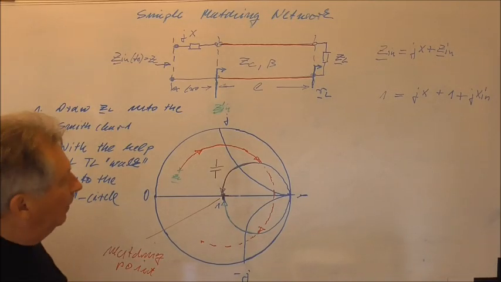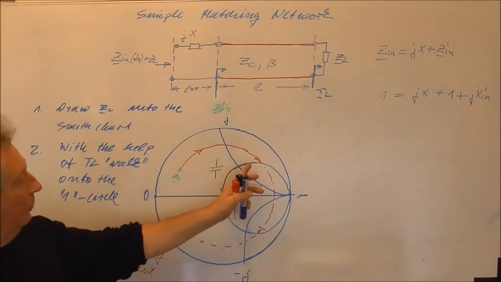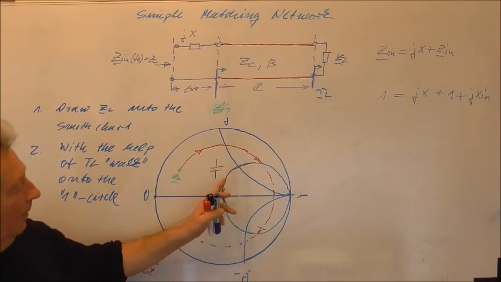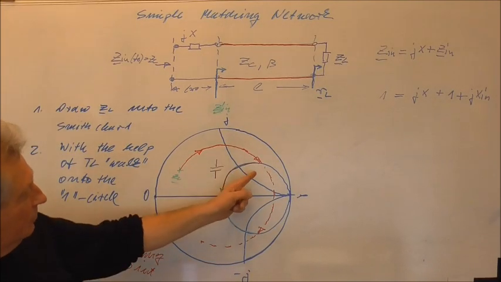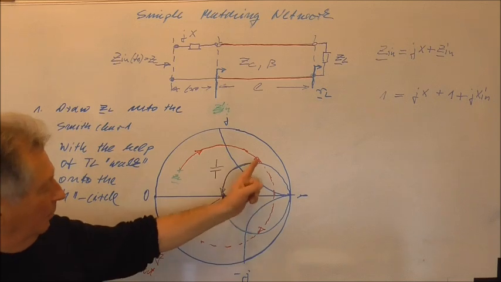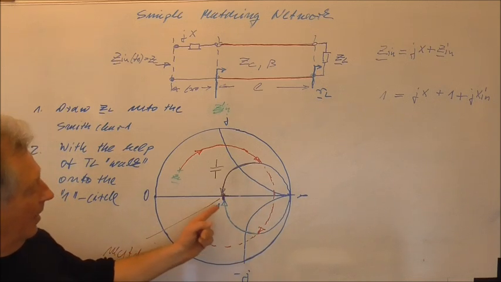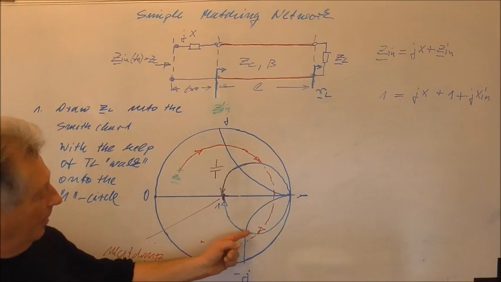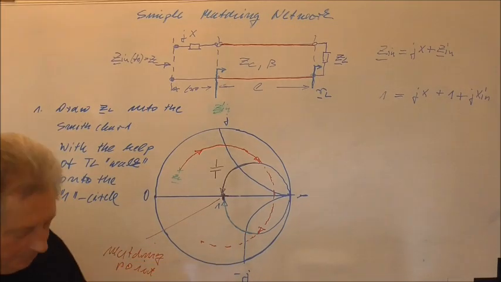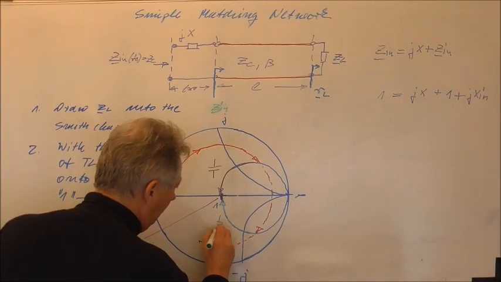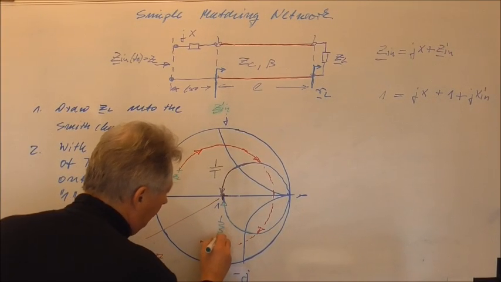And if you walk to the inductive part of the one circle, you must use a capacitor, or you must walk on the capacitive part of the one circle, then you use an inductance here. So sorry, I did not sketch this here, so here you must use an inductance.